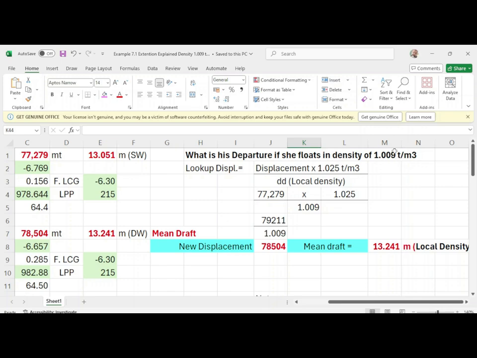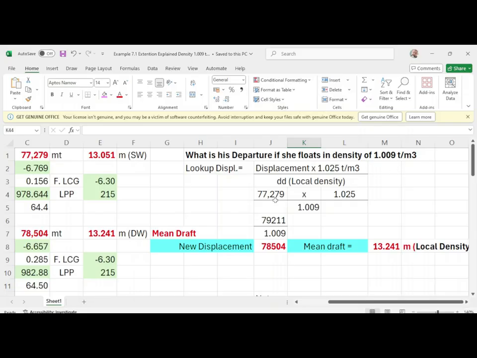So to get the draft displacement of this new density, the formula is: new displacement equals the current displacement times seawater 1.025 tons per cubic meter over your local density, which is 1.009.